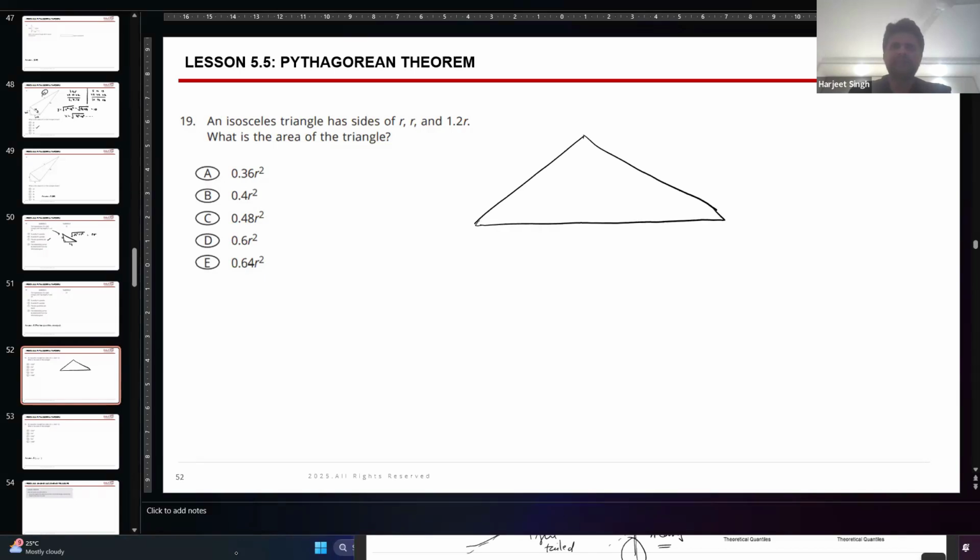Can I say two sides are equal, isosceles, R, and the third side is 1.2 R. Now, always in an isosceles triangle, the perpendicular from the angle, which is the intersection of two equal sides, is also the perpendicular bisector, which means it bisects the opposite side into two equal parts. So if the entire thing is 1.2 R, each of these will be 0.6 R.